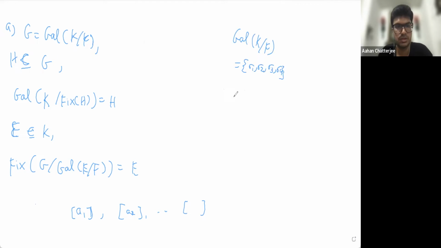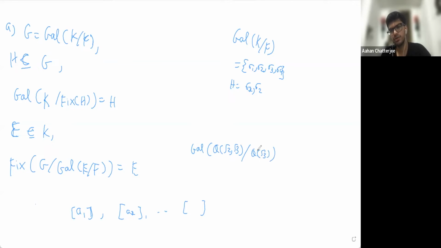And so if you take H as sigma 1, sigma 2, then this becomes Gal of Q(root 2, root 3) over Fix(H), and Fix(H) is just Q(root 3).